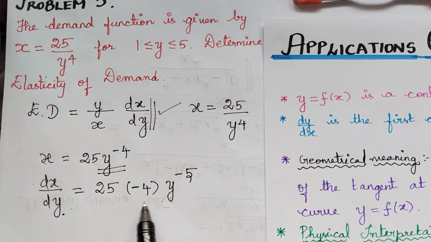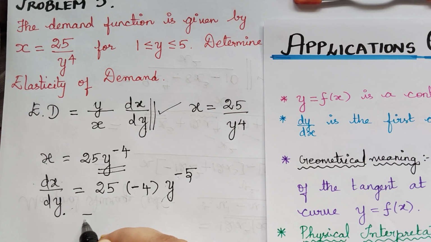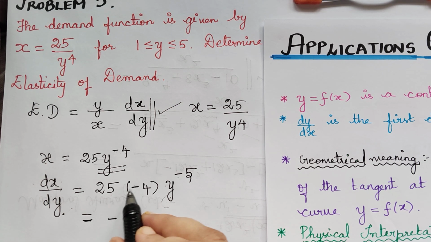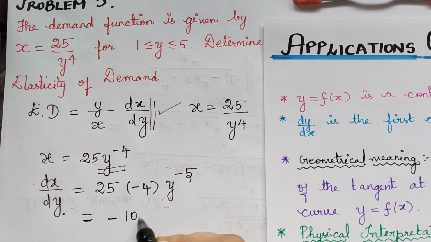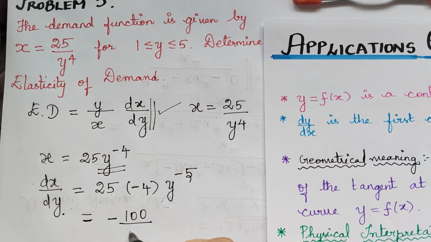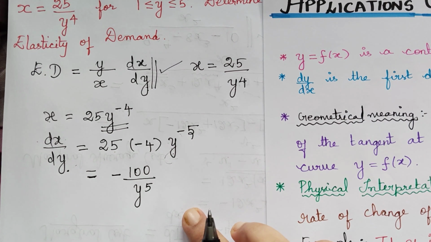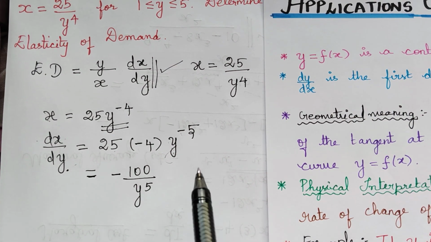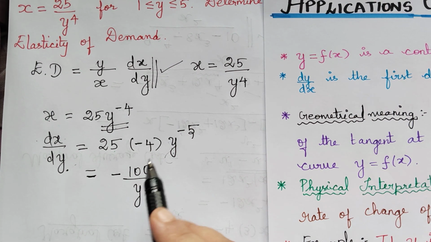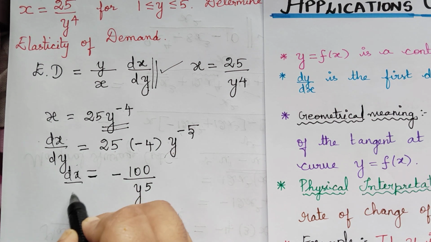Further simplifying, we get minus, what is 25 multiplied by 4? It is 100, divided by y to the power 5, because when y is taken to the denominator, the power becomes positive. So this is our dx by dy.